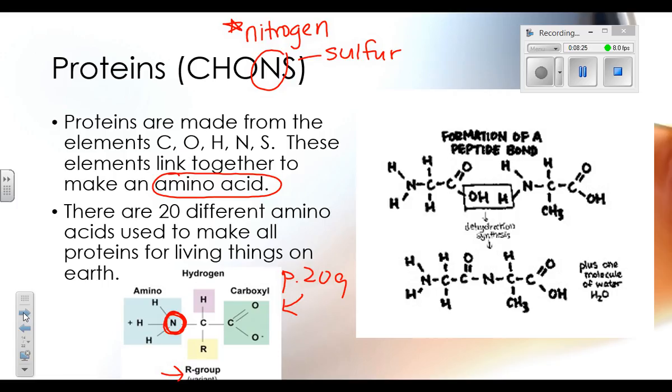So an amino acid is the building block of a protein. The amino part of the name, you might see in the picture, comes from this part of the molecule. If you see amine or amino as part of a name, it's something with nitrogen. That's what that prefix goes with.